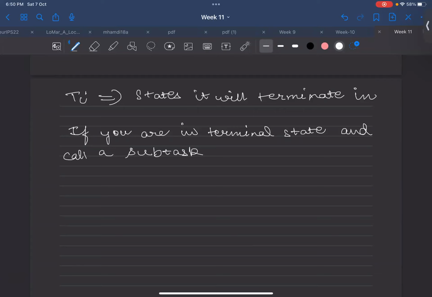I'm already in the terminal state, so basically it will return. That is what I was checking.